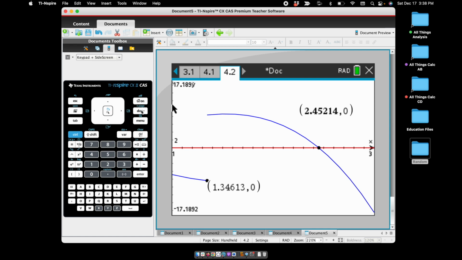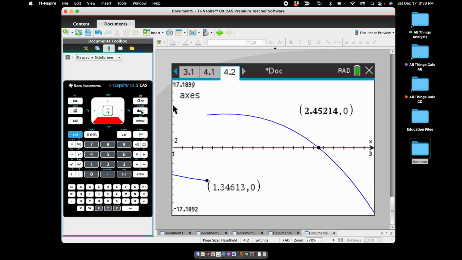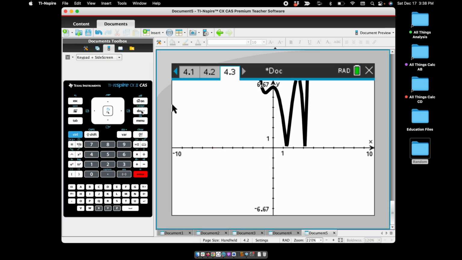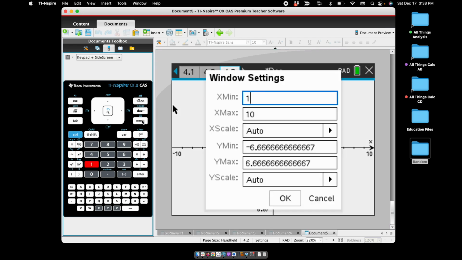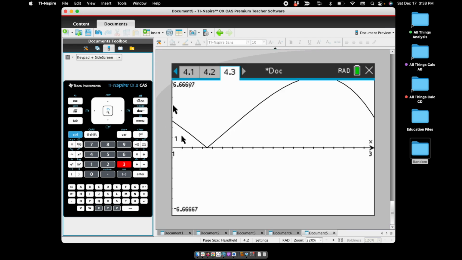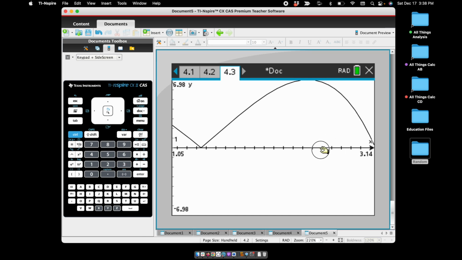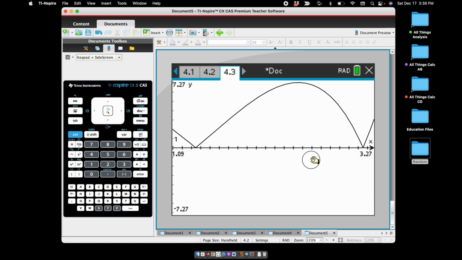Let me just graph h of x, and then I need to graph it only on the interval that we're interested in. So 1 to 3. Yeah, there it is. That's that non-differentiable place. Obviously, it's not a maximum, but really interesting. And then if we move that a little bit, you can see there's our maximum for sure.